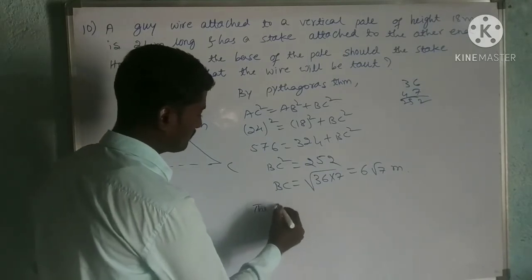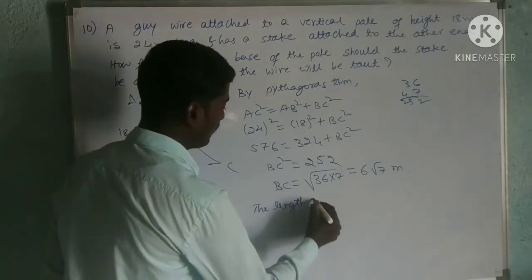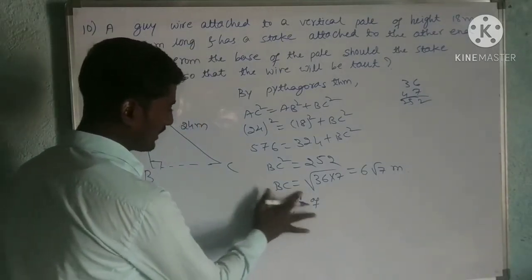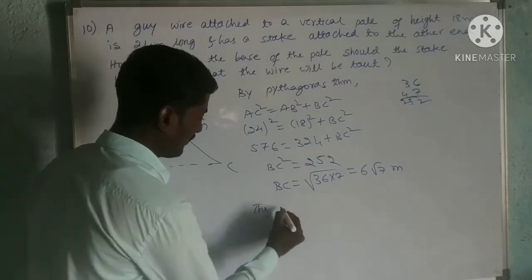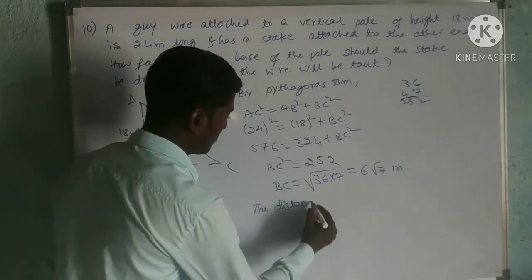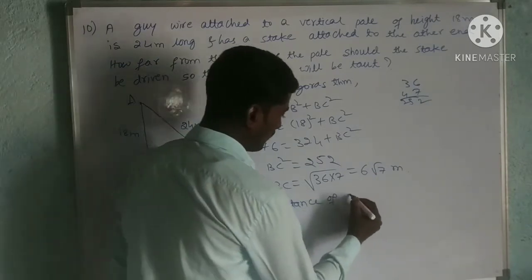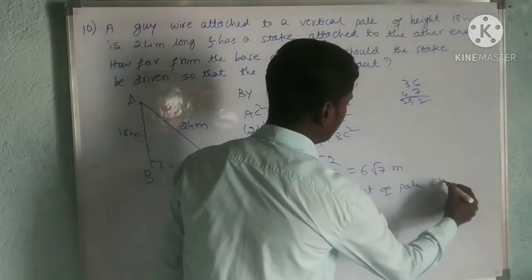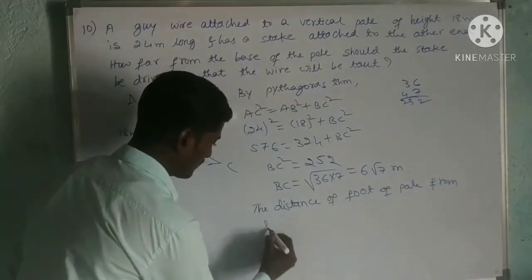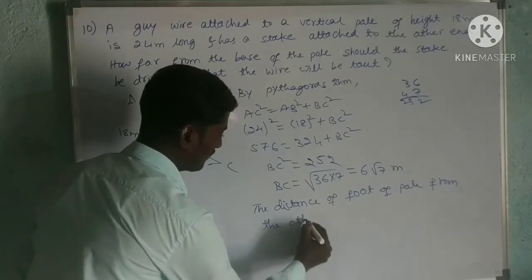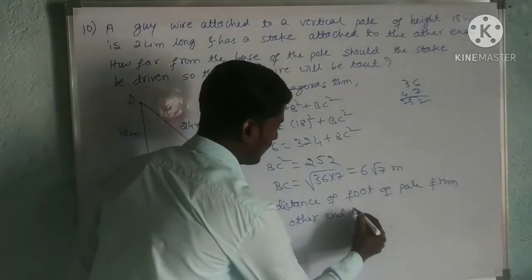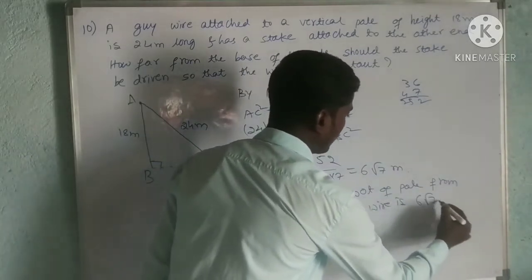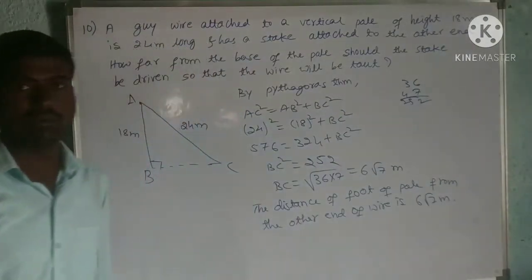The distance of the foot of the pole from the other end of the wire is how much it is? 6 root 7 meter. Okay, 6 root 7 meter.